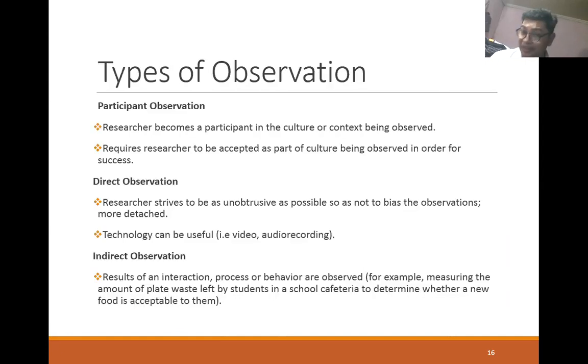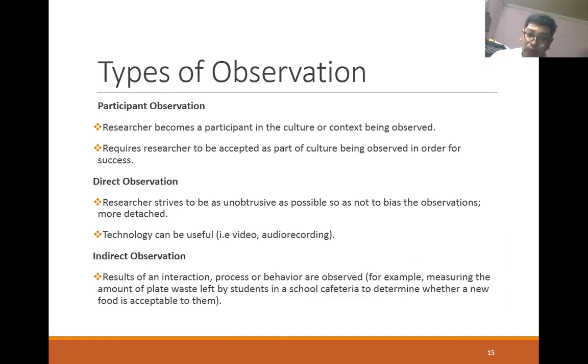Let's go to the three main types of observation. The first is participant observation. The researcher becomes a participant in the culture or context being observed. It requires the researcher to be accepted as part of the culture being observed in order to succeed.